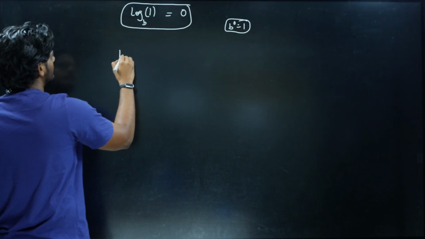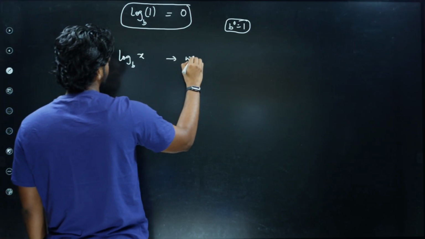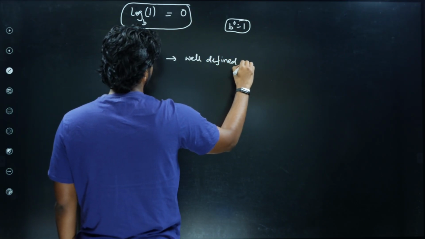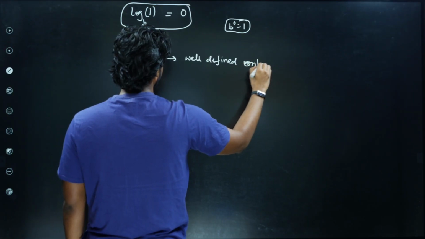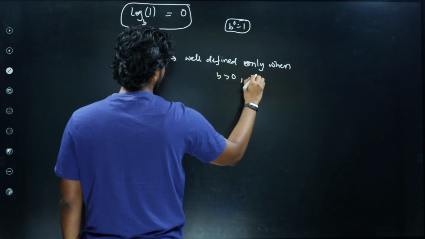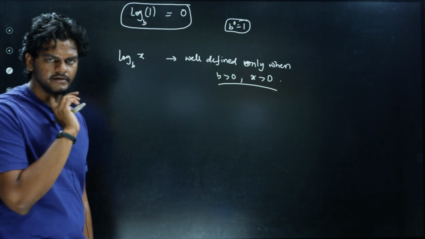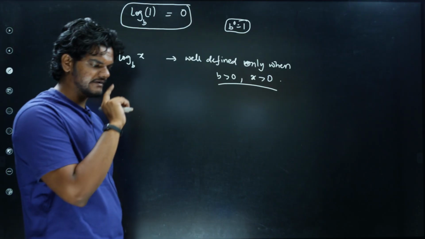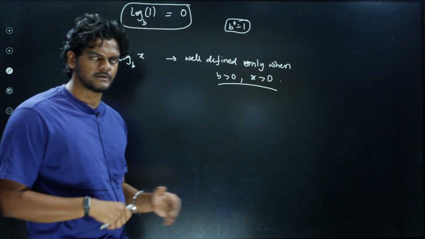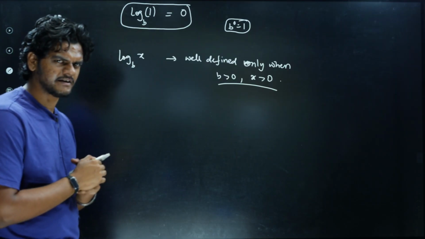And log x base b is always well defined only when the base b is greater than 0 and the value inside is greater than 0. This is really, really important. Log is well defined only when the base is positive and the input is also positive. Only then we will be able to define it, right?